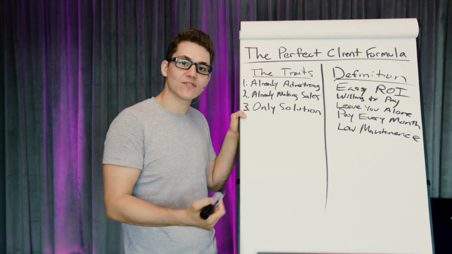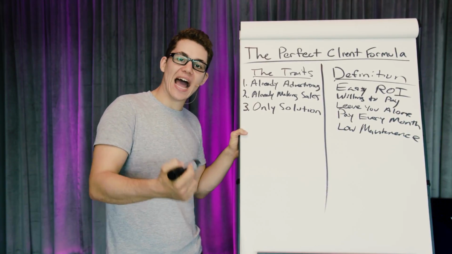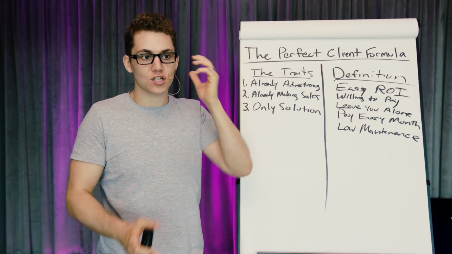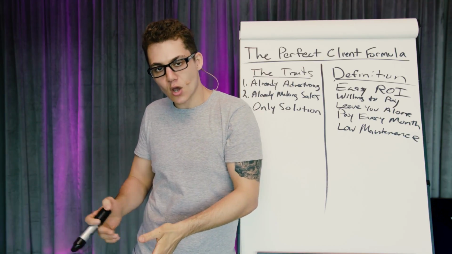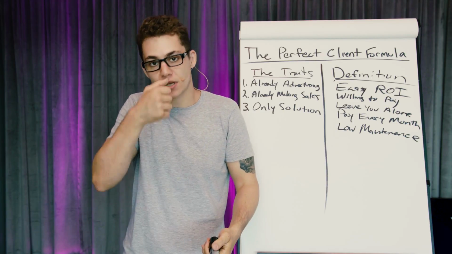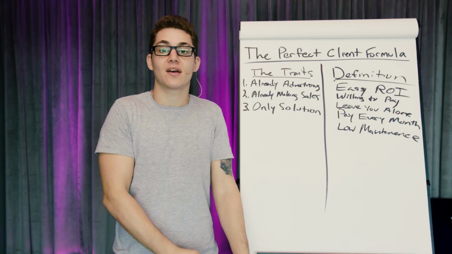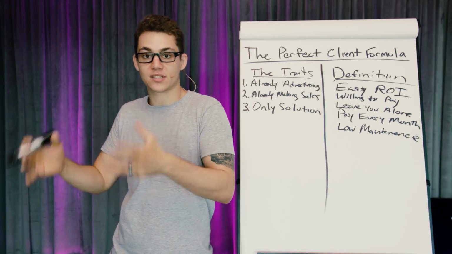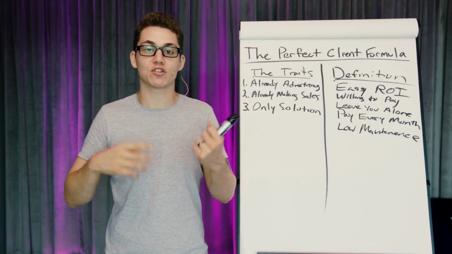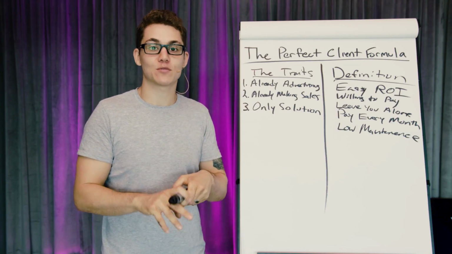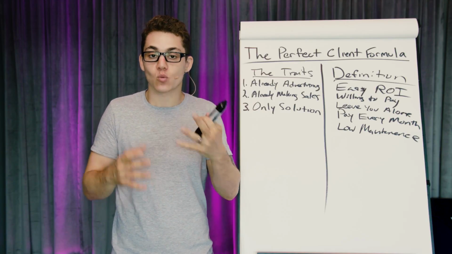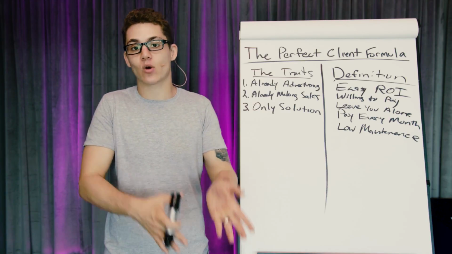We don't want to have to convince our prospect that we're showing an ad to choose this solution. We want to put our offer in front of people that have already chosen a solution, and we're just directing them to our particular business owner. So if someone wants to go out and drink, we're just trying to get them to choose our bar. If someone needs their tooth fixed, we're just trying to get them to choose our dentist.